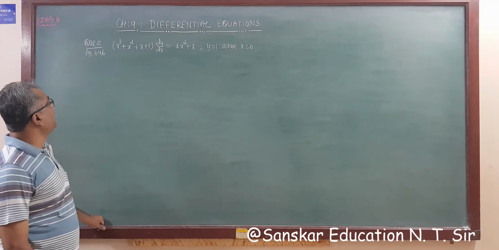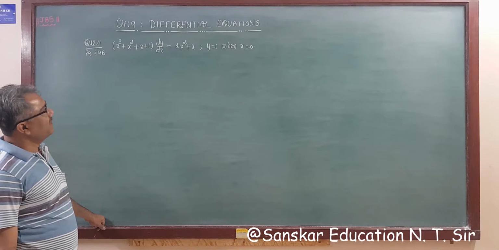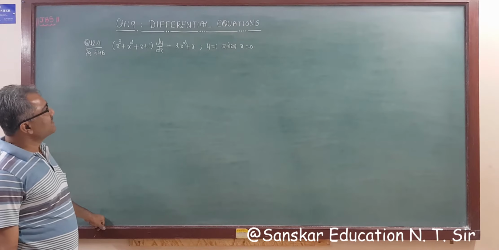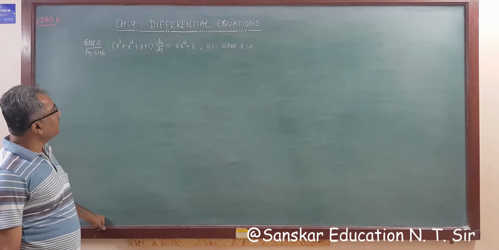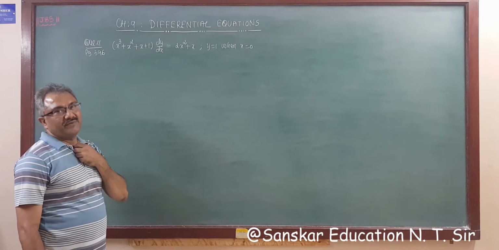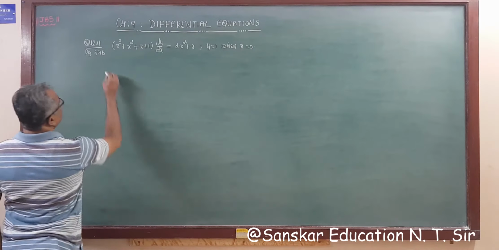Question 11, page 396. x cube plus x square plus x plus 1 times dy by dx is equal to 2x square plus x, right? So this is given, and we can easily convert this into variable separable form because all terms contain x and this is dx. So what is your dy?